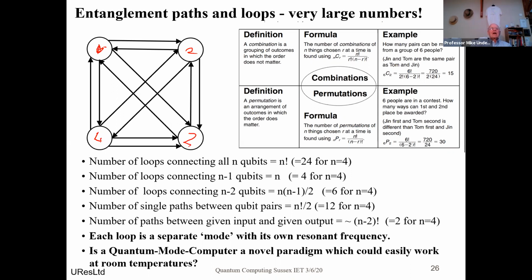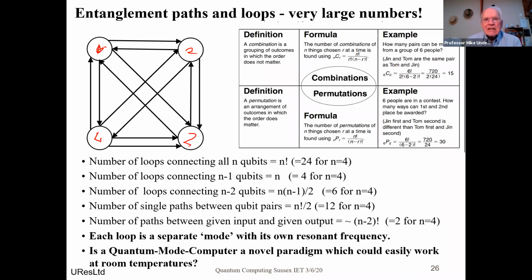If we had 50, well, actually, it was one of the numbers on one of the earlier slides. So in between the qubits, we have a large number of possible paths for how data can flow between them.